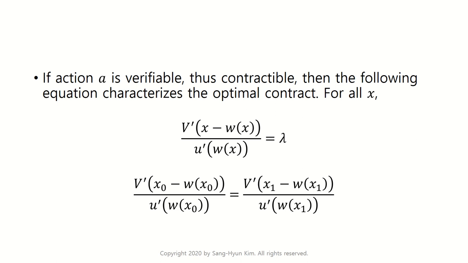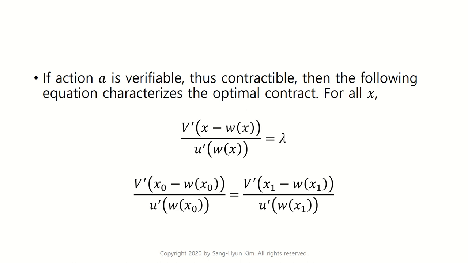It can be understood. If you want to maximize the social surplus, then you don't want to change the marginal utility of the participants, right? If one player's marginal utility is very high while the other player's marginal utility is low, then you can give more to the player with higher marginal utility.